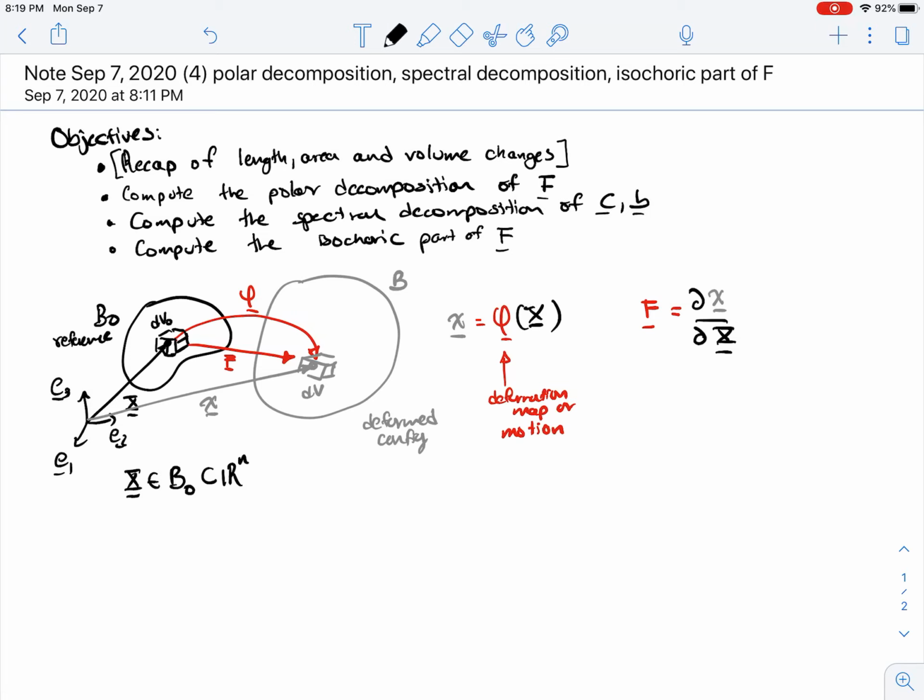So this will be a second order tensor. So remember, capital X and lowercase x, those are vector fields, and this one is a second order tensor.